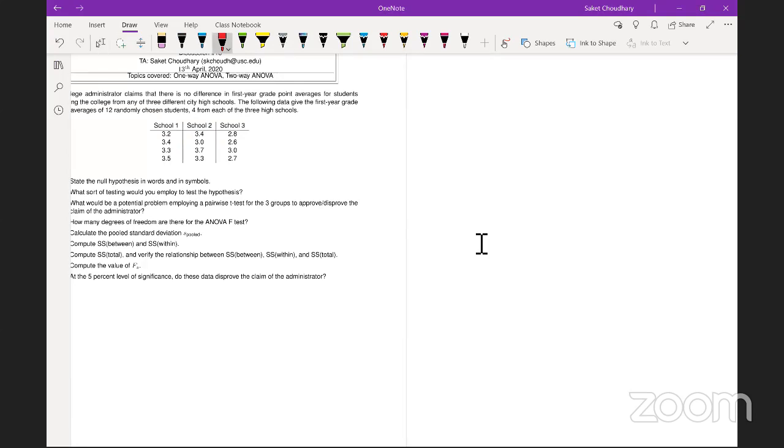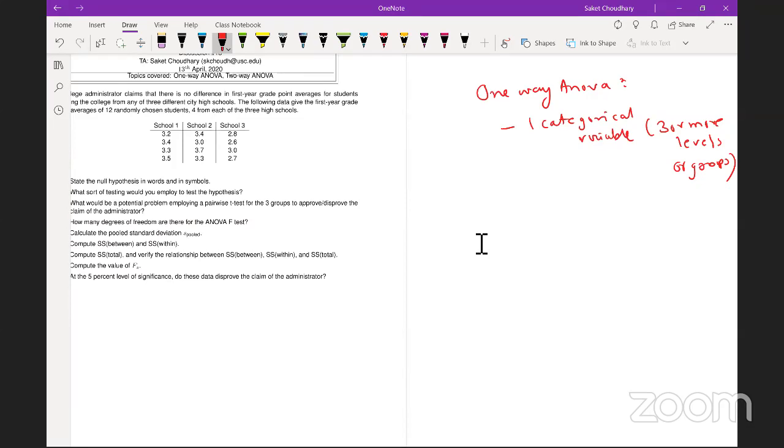The way one-way ANOVA works is you have one categorical variable which has three or more levels. What that means is you can think of these as three or more groups.